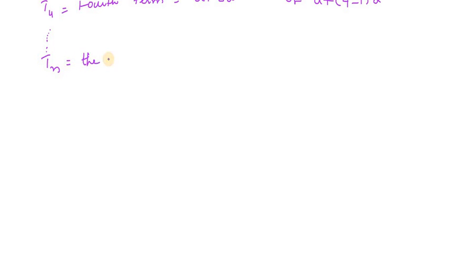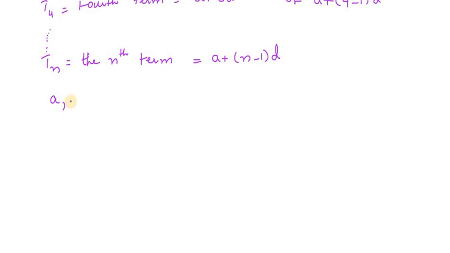The nth term is A plus (n minus 1) of D. This is the formula of the nth term we use in the given exercises, where the first term is A, the common difference is D and n is the number of the term. So Tn is called the general term of the sequence.